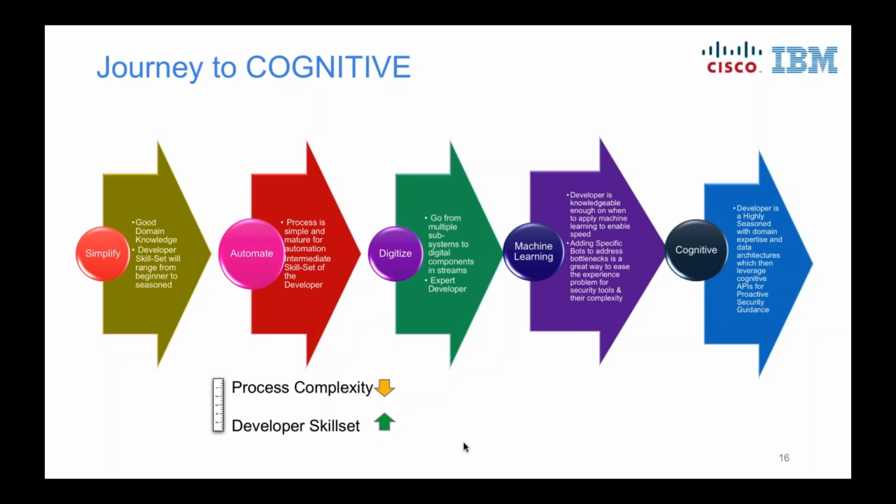So spend a lot of time simplifying. We continue to try that, and it continues to be a challenge for us as a big company, but in areas where we have simplified, we found automation to be way more successful. So automation is effective when the process is simple and when your developer skill set starts to mature. Because if a person doesn't even know how to set up a scan manually, they're not going to know how to fix issues when they run into a scan failed issue, right?